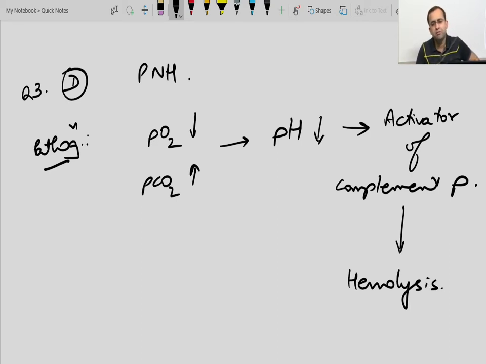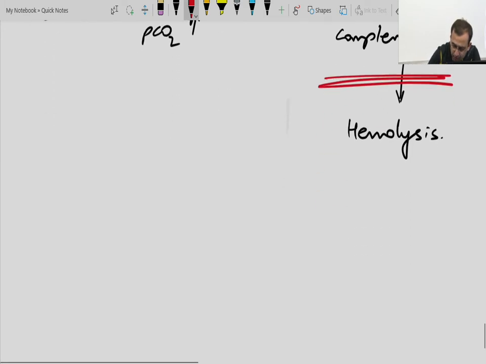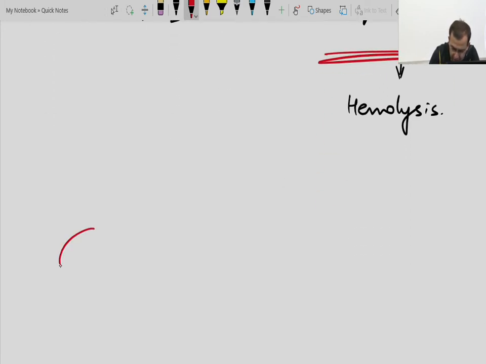But by this principle, all of us should be patients of PNH. What differentiates us, that is a normal individual, from a patient of PNH? In us also complement is activated, but hemolysis is not taking place. What prevents it? Our RBCs have CD55 and CD59 on their surface.